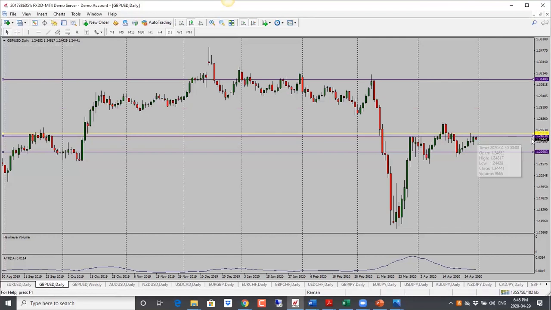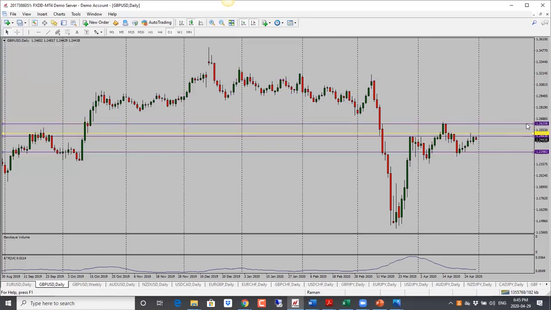So if it holds below 1.2480, then I'm looking for price to come back down, potentially towards a support level at 1.2300. On the flip side though, if it manages to get through that resistance level, then there's plenty of room to the upside. In that case, the first target will be 1.2520 and then 1.2580.